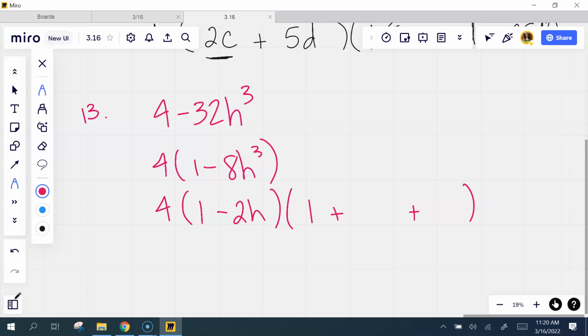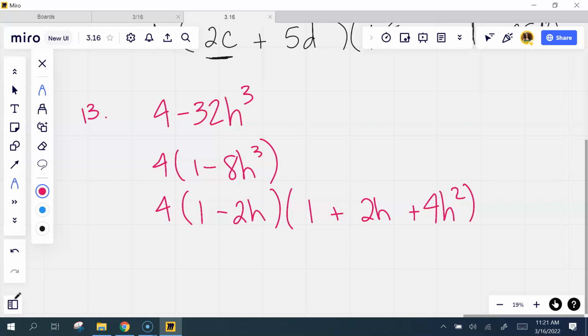Which is 1. So you're good, that's fine, keep going. 4h squared, that's right. What do you do in the middle? 2h. Ignore the signs, because you already took care of signs when you did same change plus. So just smush them together, multiply them together.